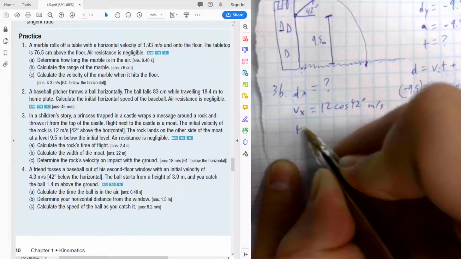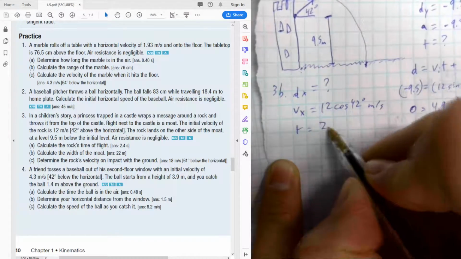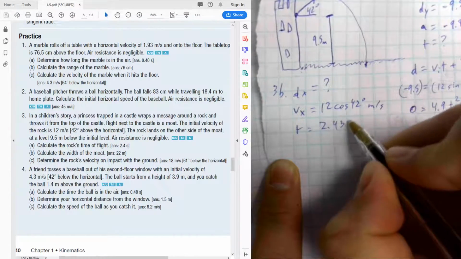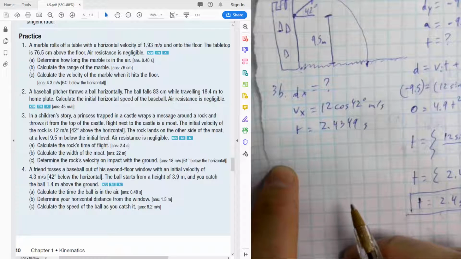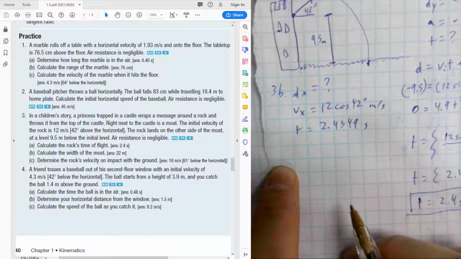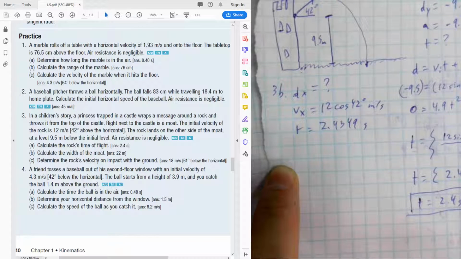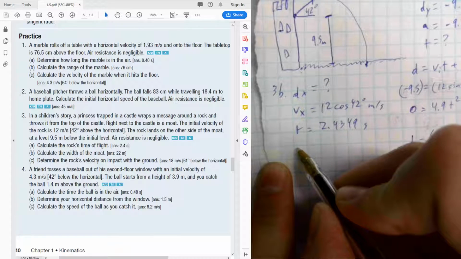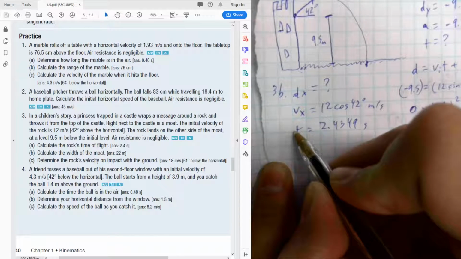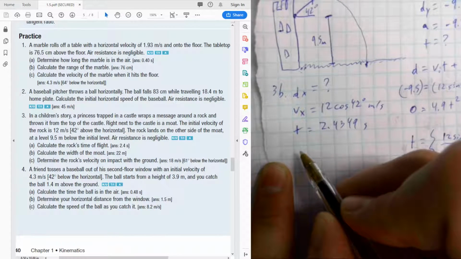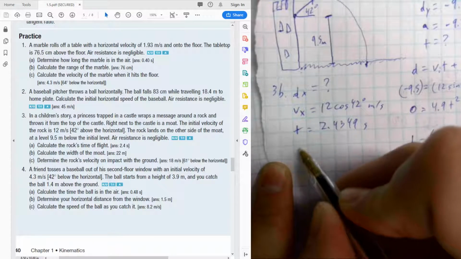My t, I'm going to write this down as 2.4349. I'm going to keep those extra numbers because it's important to have as many decimal points as possible when solving these questions, just in case they have an effect. And my d is what I have to solve for.